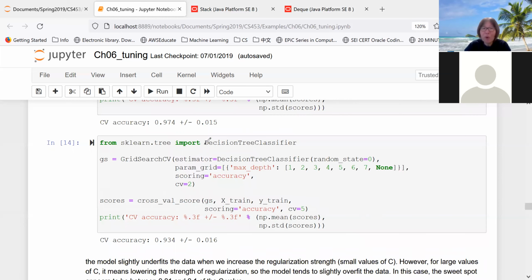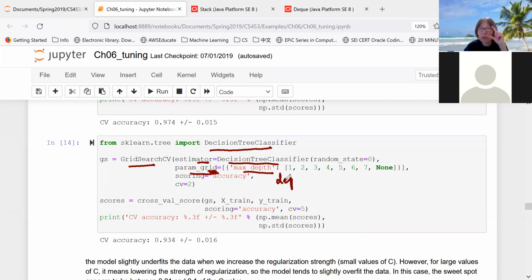And it gave us more examples. We can also combine the decision tree. So the grid search here, the estimator is our decision tree. For the decision tree, the grid search parameter is the depth of the tree.